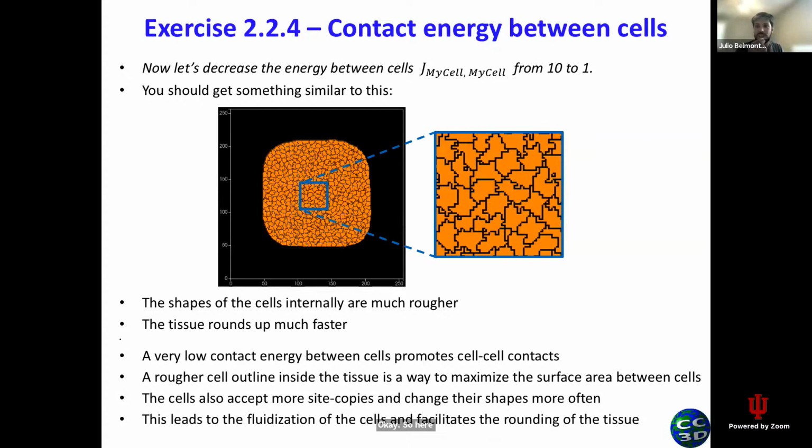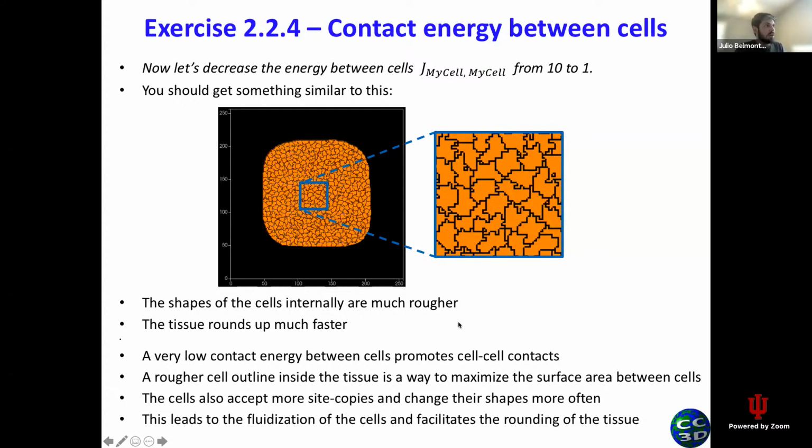So here you see that you change a parameter that should only affect what's happening inside the tissue, but you also have a side effect that the tissue as a whole is able to round better, easier. Does it make sense? Okay, I hope it makes sense.